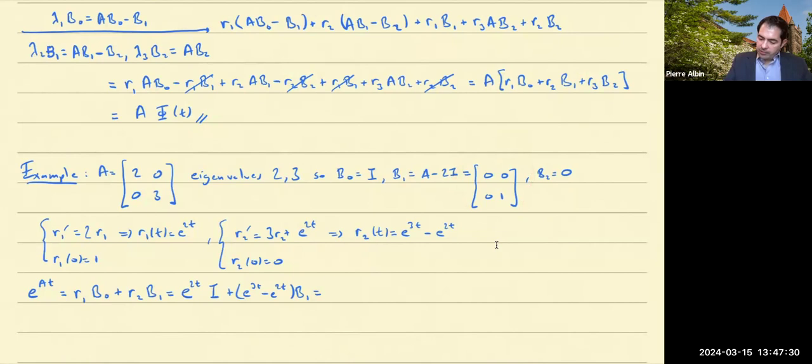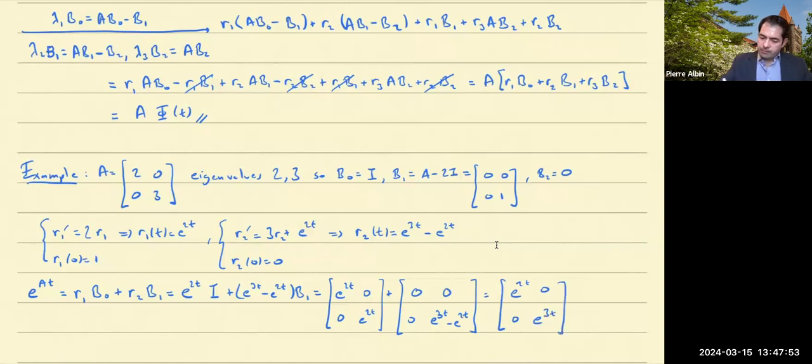So that means we have e to the 2t on the diagonal plus 0, 0, 0, e to the 3t minus e to the 2t. And then when you add those together, you get e to the 2t and e to the 3t on the diagonal, which is exactly what we expected from here.